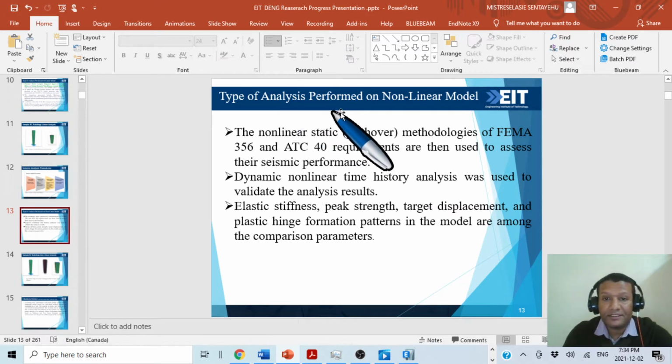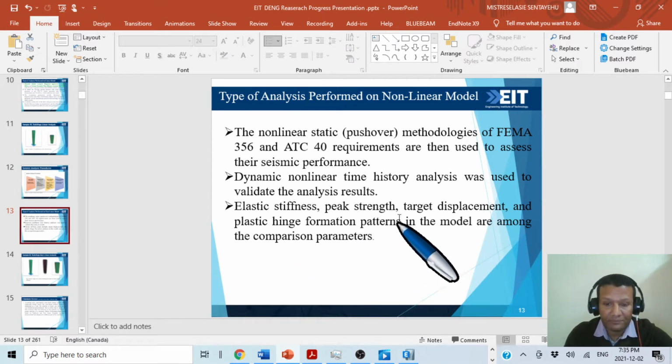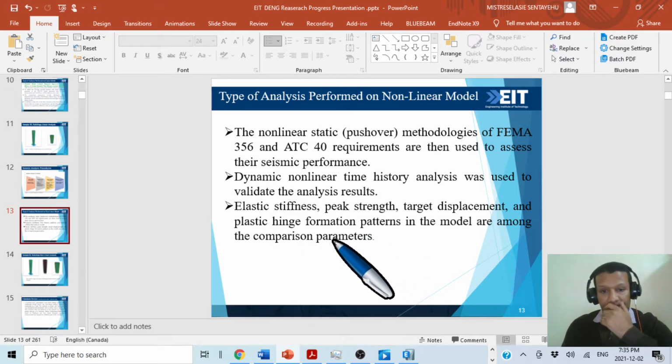This one is the type of analysis performed on the nonlinear model. The nonlinear static pushover methodology of FEMA 356 and ATC 40 requirements are then used to assess their seismic performance, and others I will also explain. Dynamic nonlinear time history analysis was used to validate the analysis result. Elastic stiffness, peak strength, target displacements, and plastic hinge formation pattern in the model are among the comparison parameters.